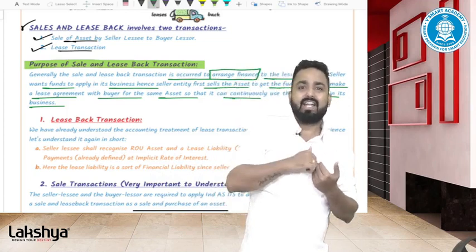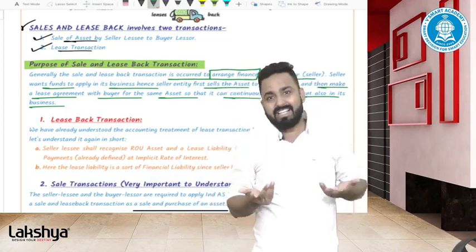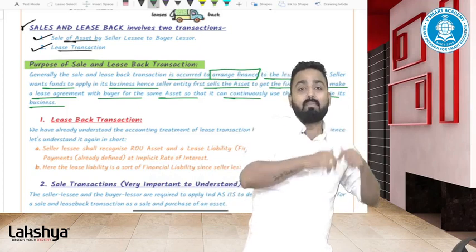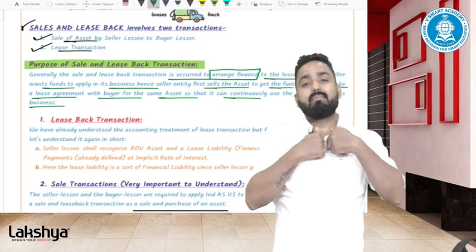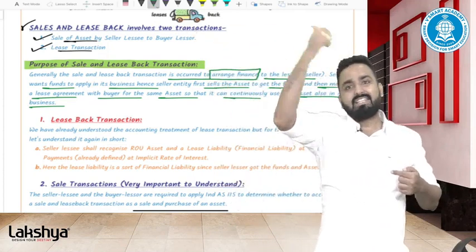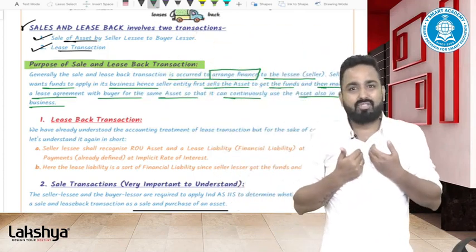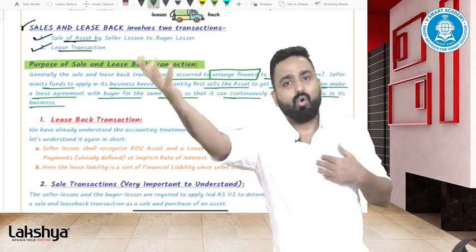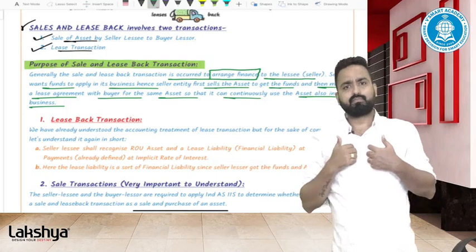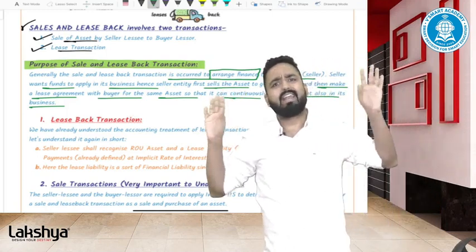They said, for security reasons, sell my asset to them. On selling the asset to them, I will get the proceeds of sale, I will get the funds, and the same asset could be leased back from them for the entire life.